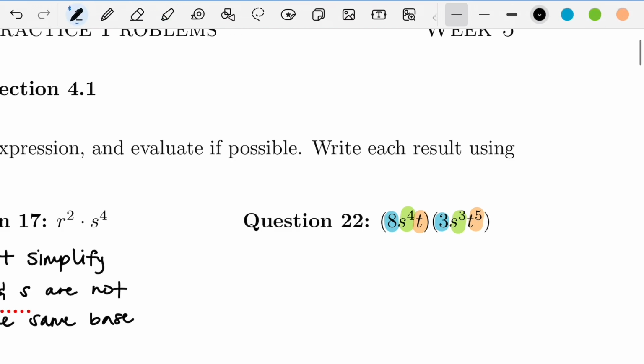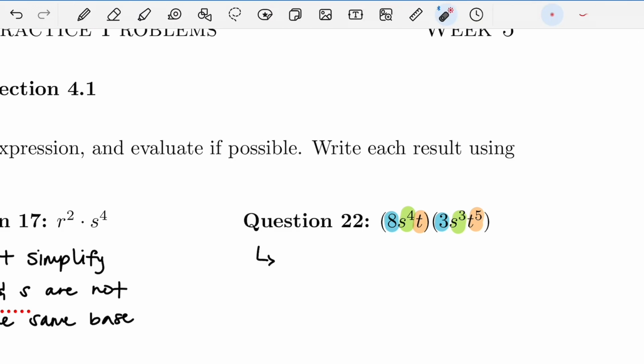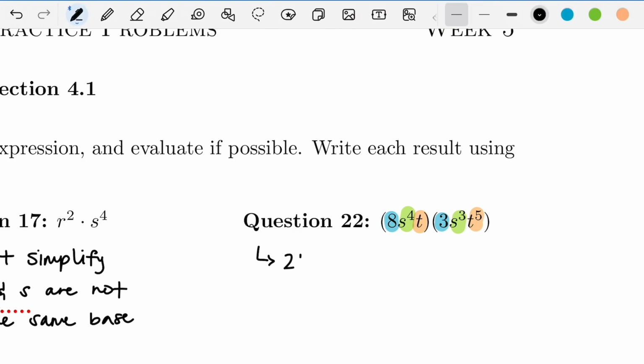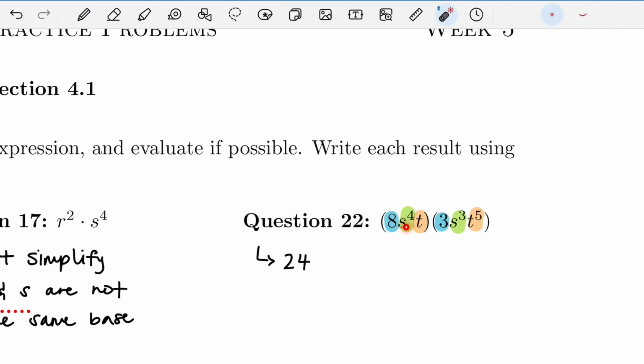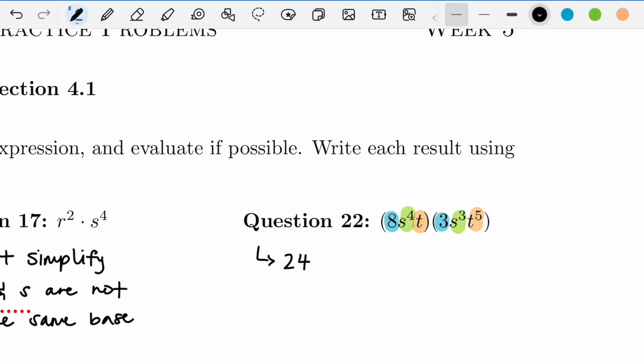So the first thing we can do is multiply this 8 and 3 here. This will give us 24. Then we can multiply our s to the 4 and s to the 3, and similarly for our t and our t to the 5th power.